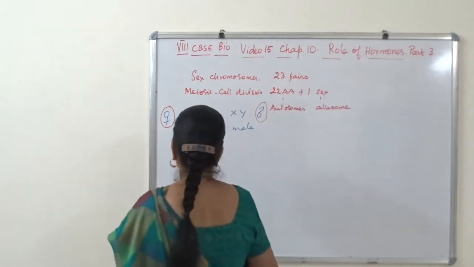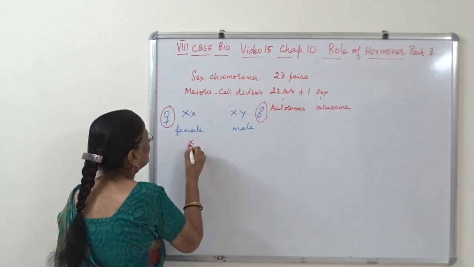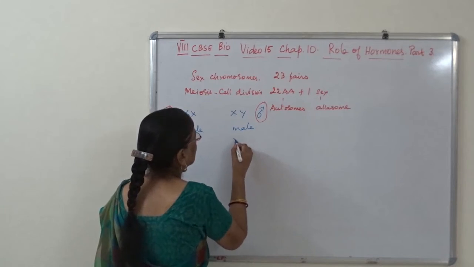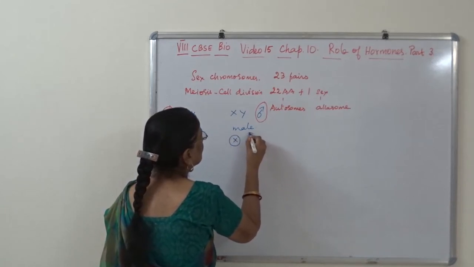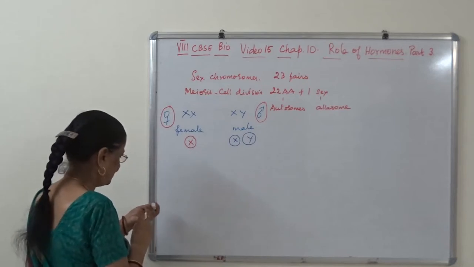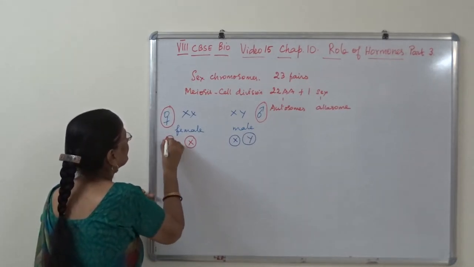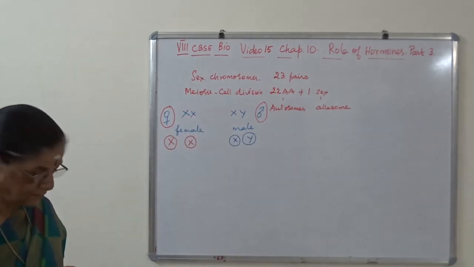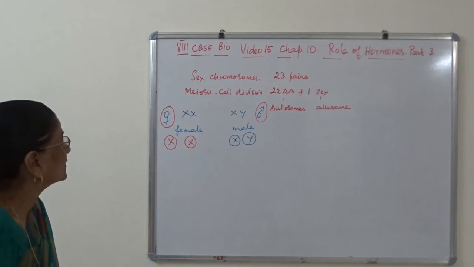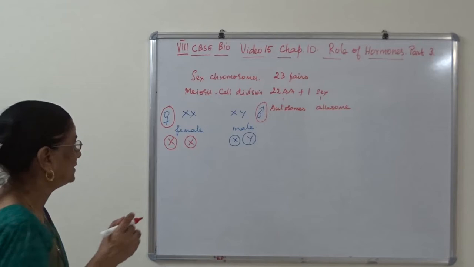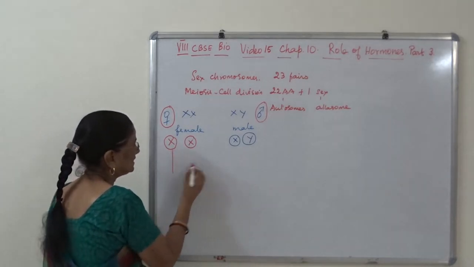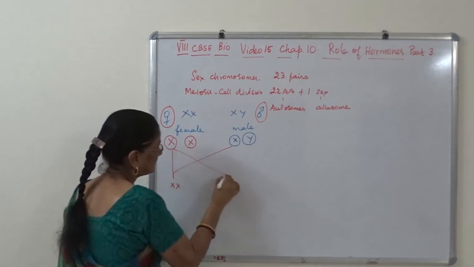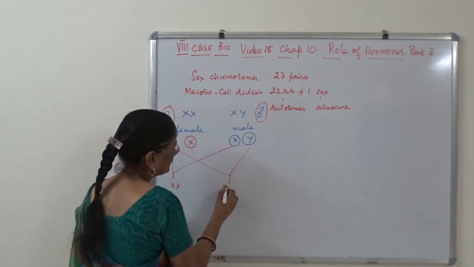Now the female parent will produce the gamete X, and the male parent will produce two types of gametes, X and Y. During gamete formation, this X with this X will be XX, and this X with this Y will be XY.